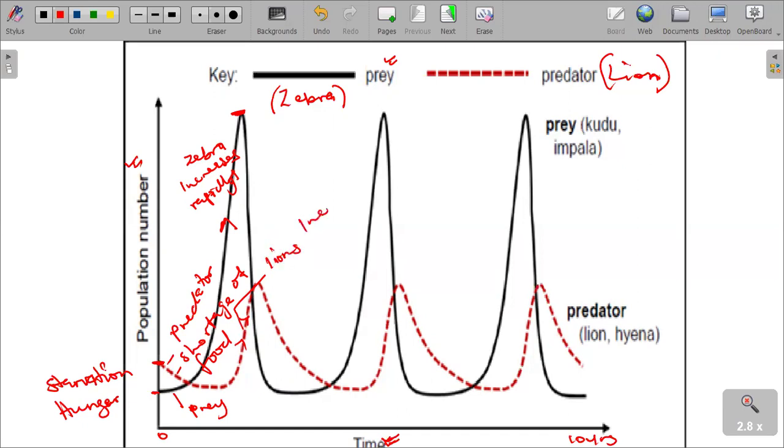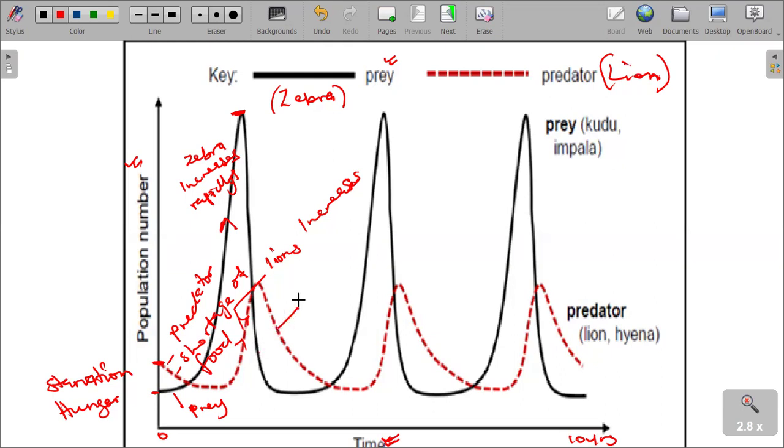Lions increase as a result of an increase in the population of zebras. So there is a direct relationship which takes place there.